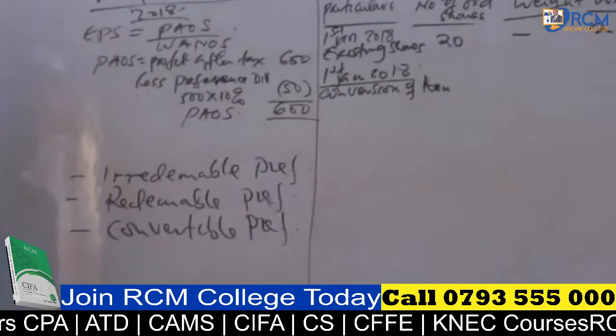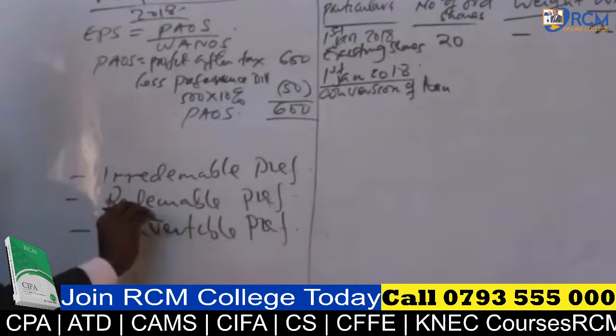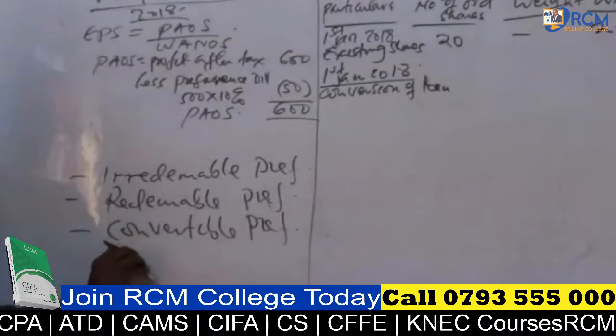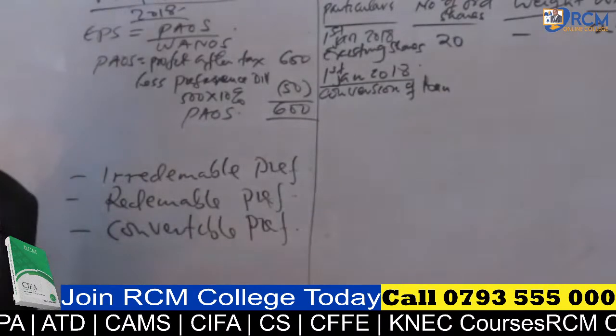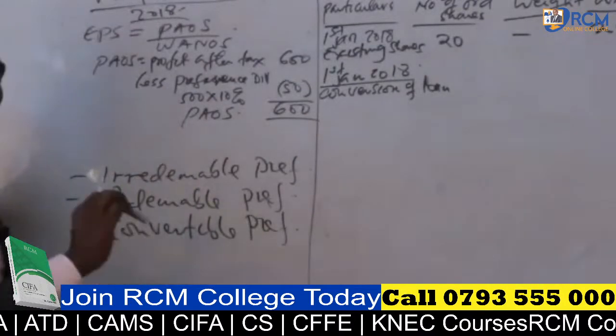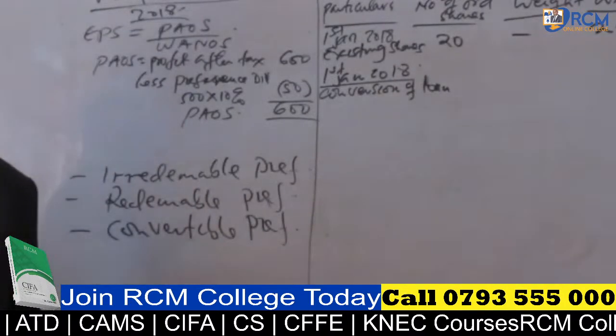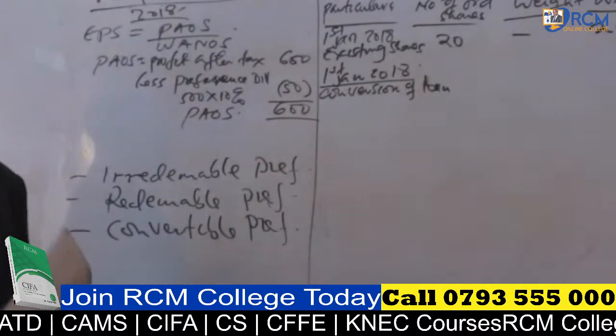For irredeemable preference and convertible preference, we are going to subtract their dividend after profit after tax in the income statement, because we regard them as capital.